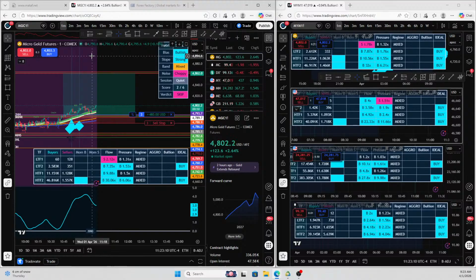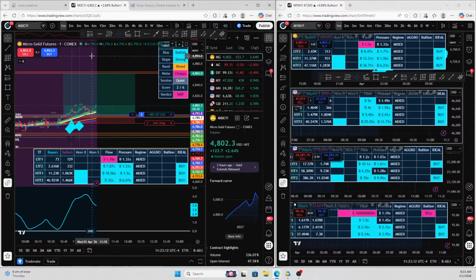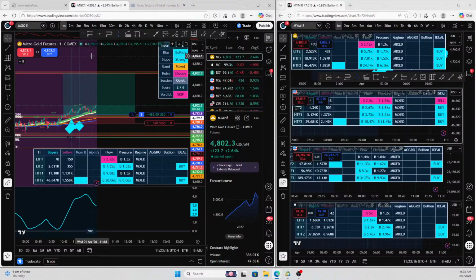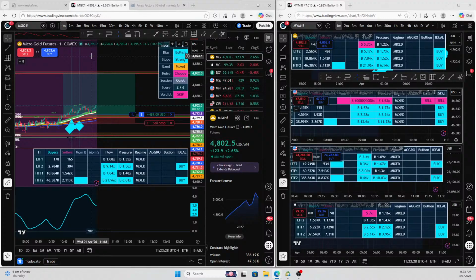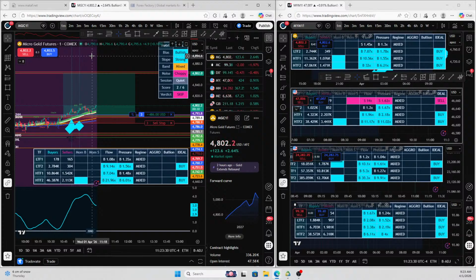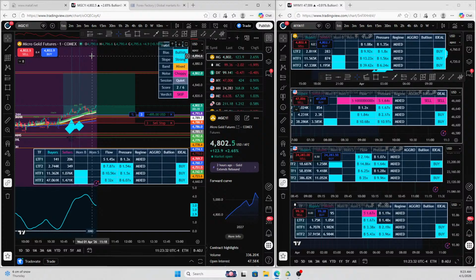We have 7 minutes to candle close. It can become one of those days where price slowly starts creeping up and just keeps pushing up. Okay, volume is getting supported.